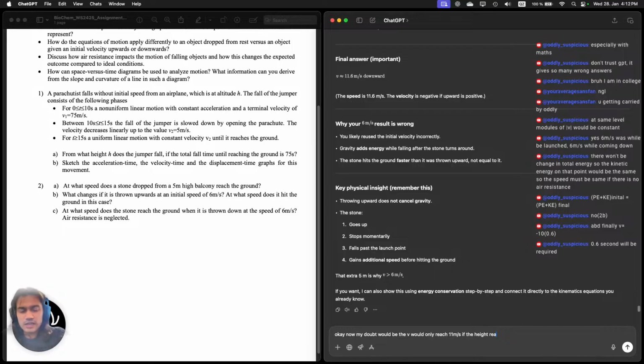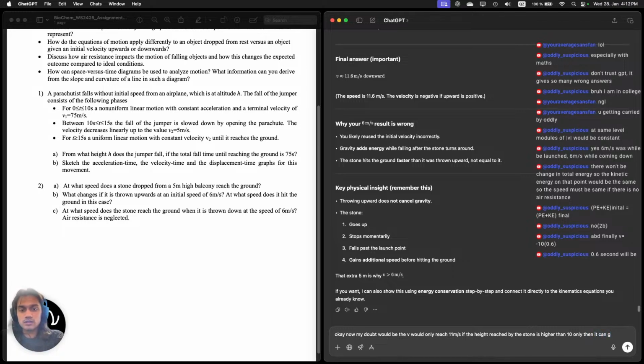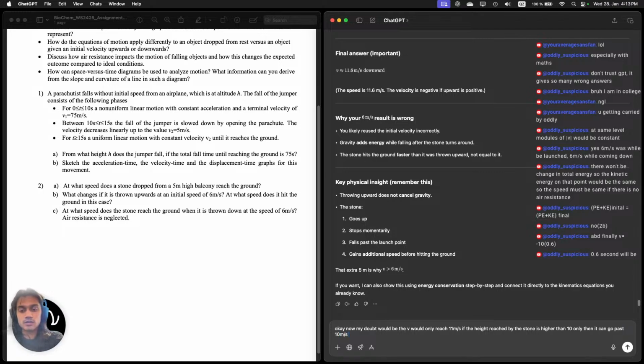I mean, simple maths, GPT kind of gets it right, but it's better to look at if the height reached is higher than 10, only then can it go past. So yeah, if the final velocity is 11, then that means the stone should reach a position more than 10 meters past, as g is 10 meter per second. Or am I missing something?